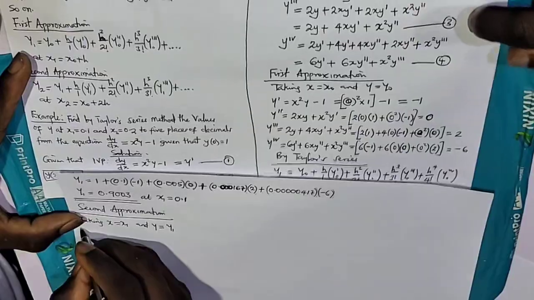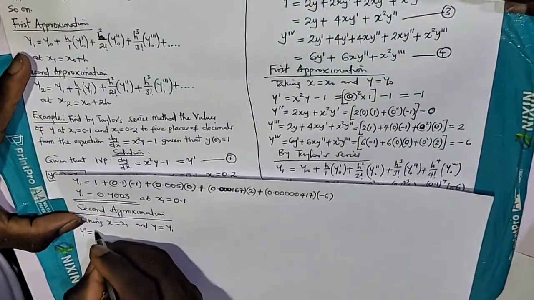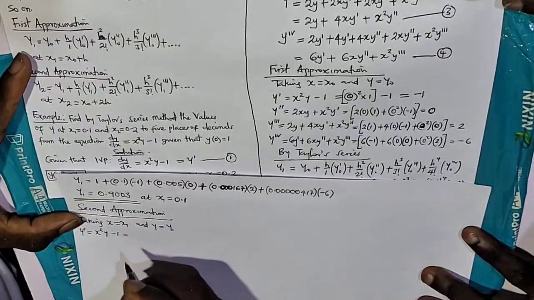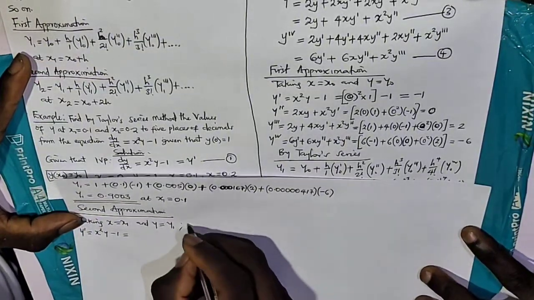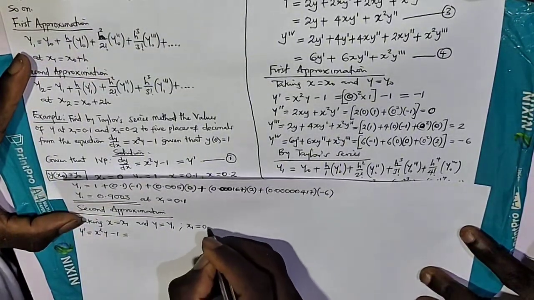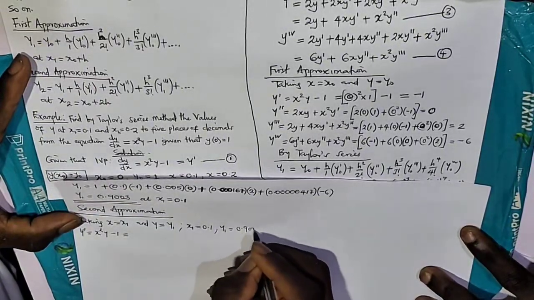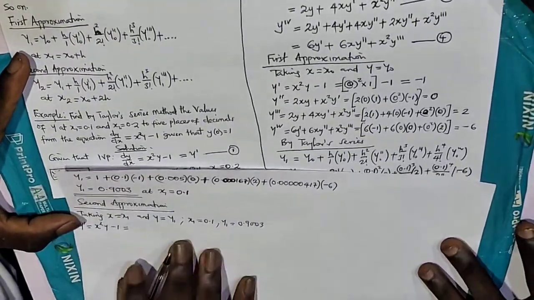So y prime, which is x squared y minus 1. Remember that x1 is 0.1 and y1 is 0.9003.